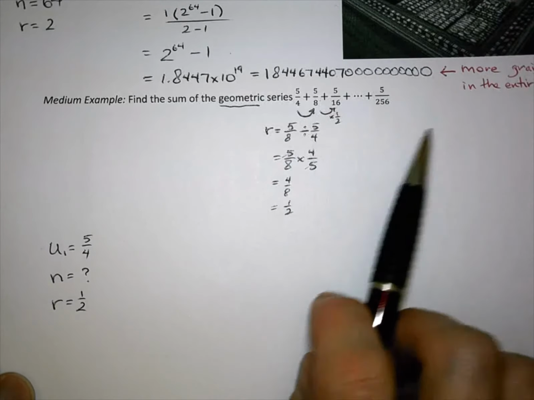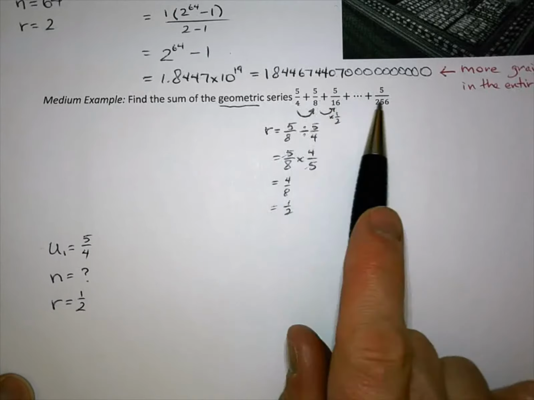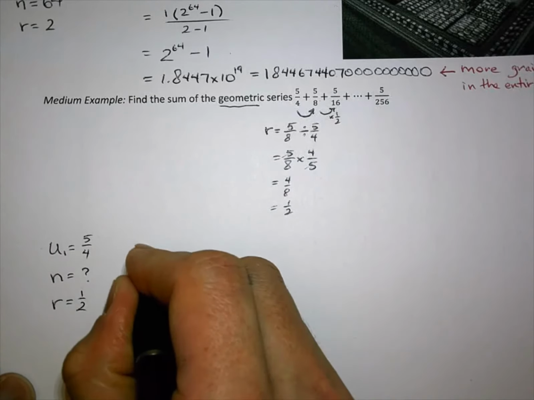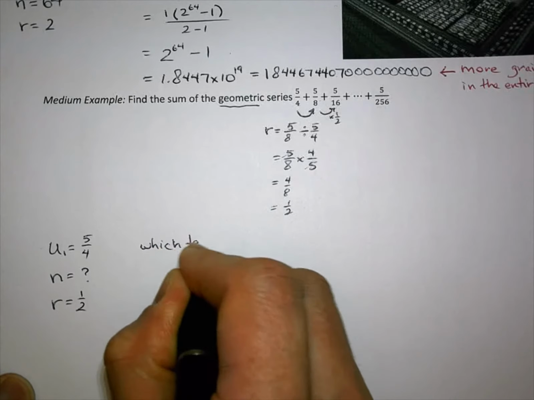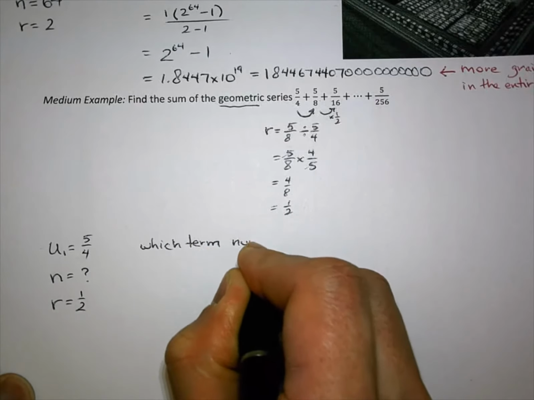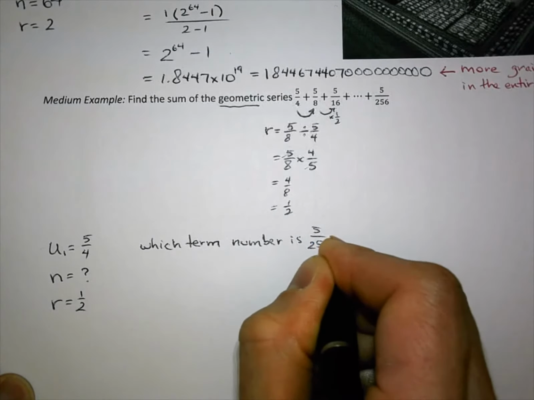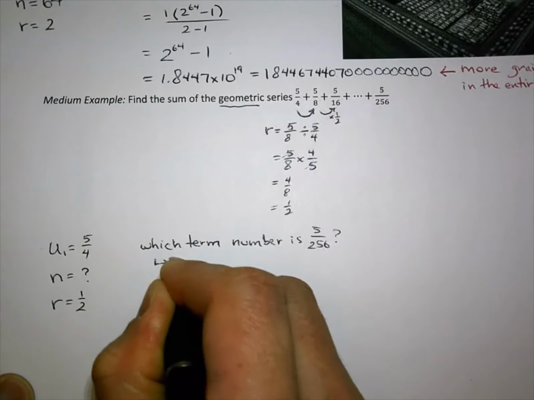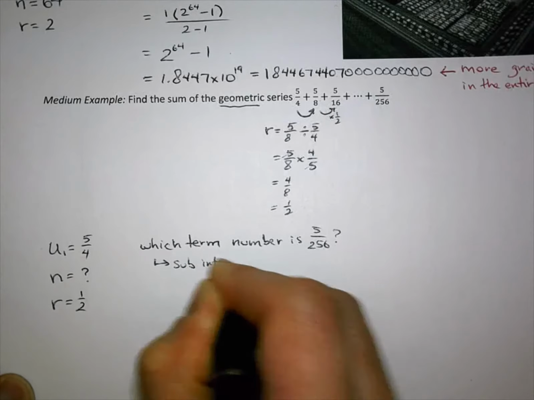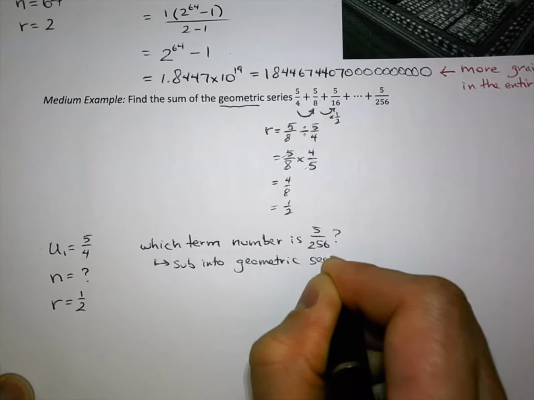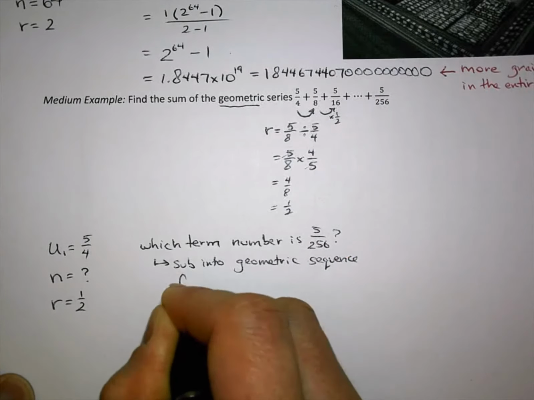Now this is kind of familiar. We've had a question in this chapter already with this. So I need to figure out which term number is 5 over 256. To do that, I'm going to sub into the geometric sequence formula.